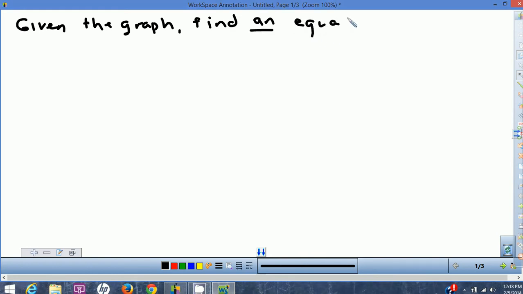Because given a graph, if I don't have very specific points, I sometimes will find one of a number of possible equations. So let me sketch you a really quick graph here, and then we're going to find an equation that could be used to model that graph.